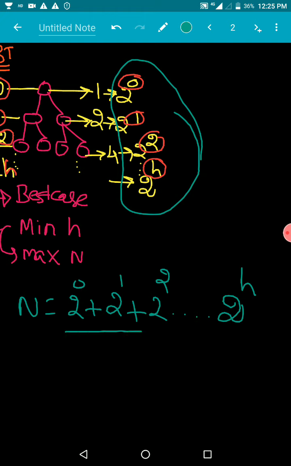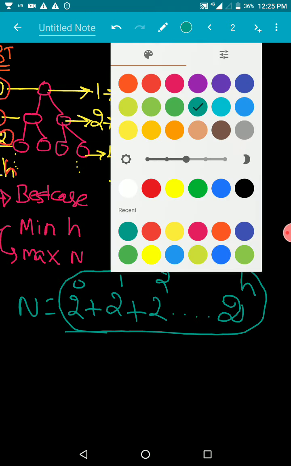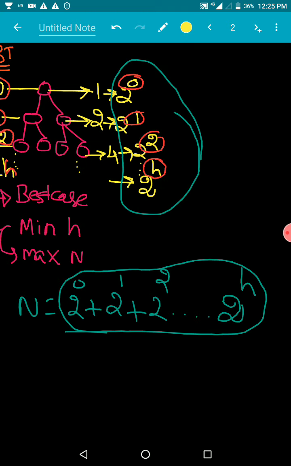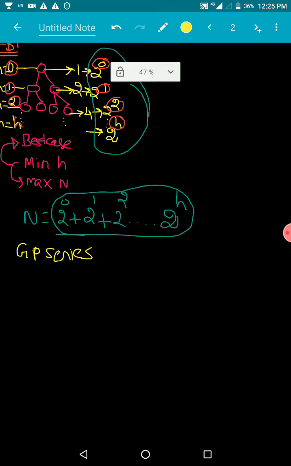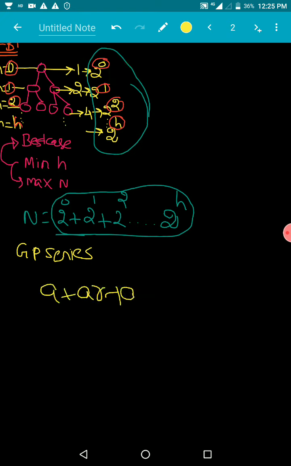So how to find the sum of this series? We studied in our childhood the GP series in the form of a plus ar plus ar squared plus ar cube up to ar power n minus 1.